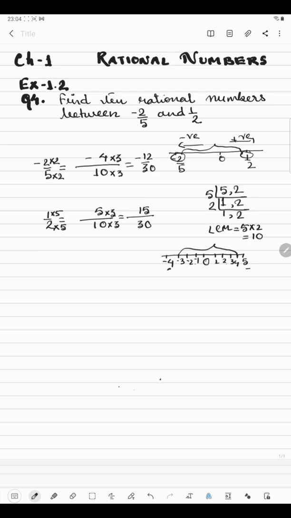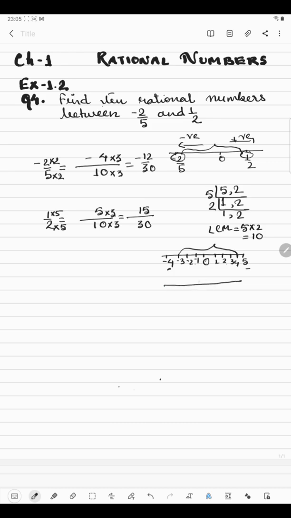You can multiply by 2 or 4 or 5, you can multiply with any number. But you will have to find 10 rational numbers. That you will have to remember. So here, in the first case we haven't got 10 rational numbers. That's why we have multiplied further. So here see minus 12 and here is 15.